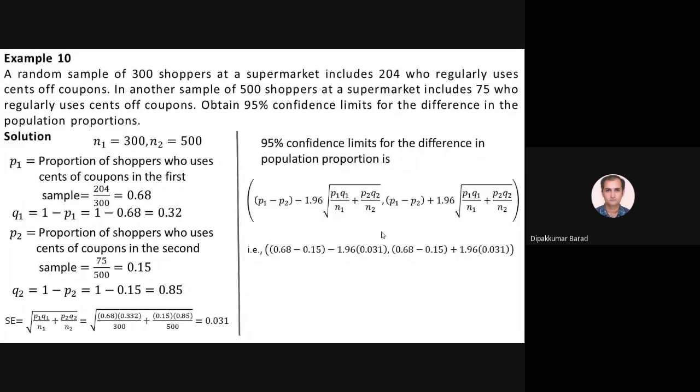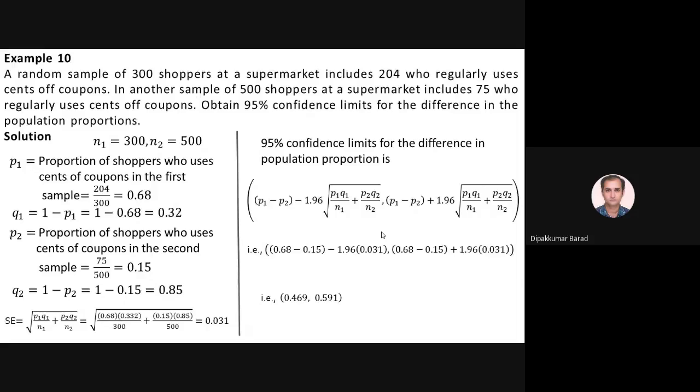Whenever you have this for two different samples, you put in all these values. What do you get? It is 0.469 and 0.591.